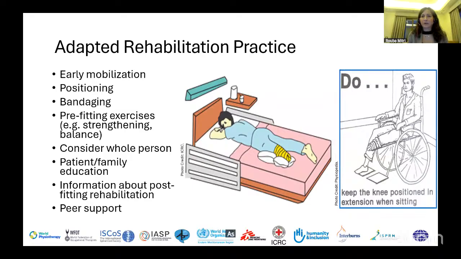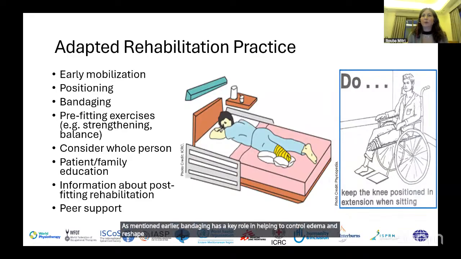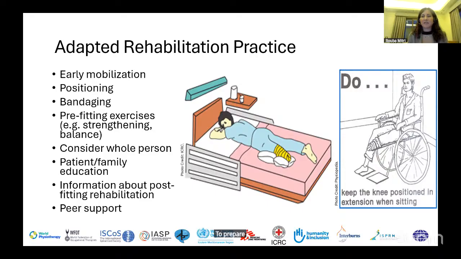As mentioned earlier, bandaging has a key role in helping to control edema and reshape the stump to prepare for the later stage, which is the prosthetic use. At the same time, we need to look at the whole person, not just at the stump. We also include pre-prosthetic fitting like basic strengthening and balance exercise.